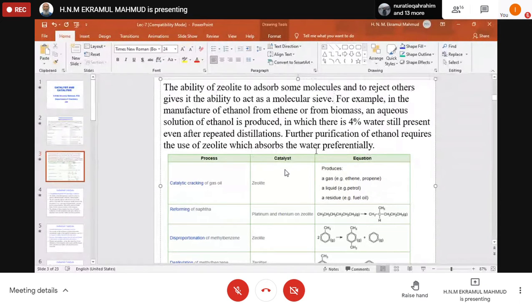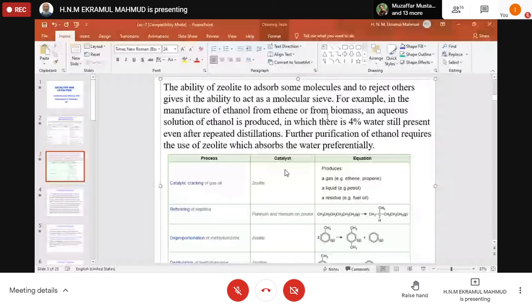The rest of the molecules will not be allowed to enter the small pores where the catalytic reaction is going on. It accepts some based on the molecular size, the pore size, and rejects others. It's called a molecular sieve catalyst, molecular sieve, zeolite. So this is a very important characteristic of zeolite.